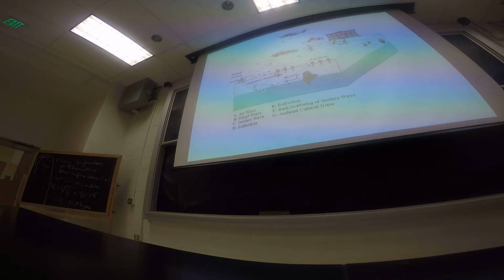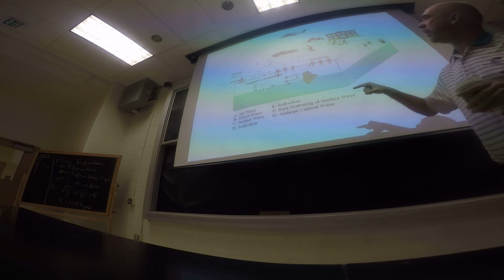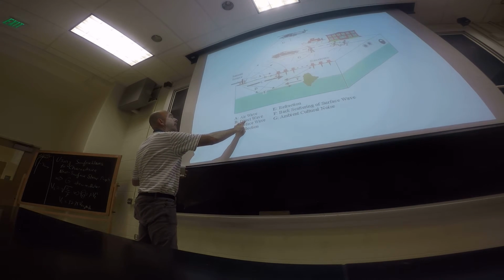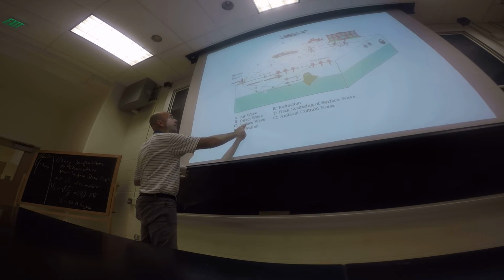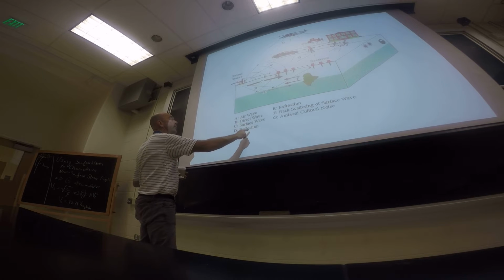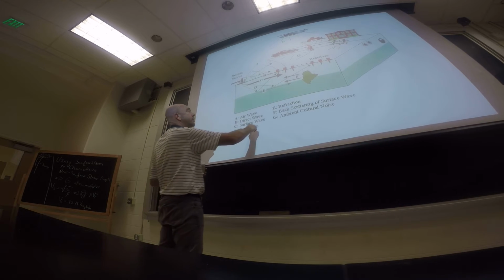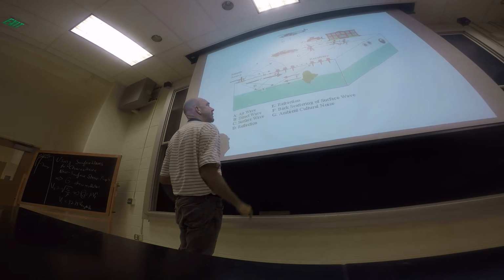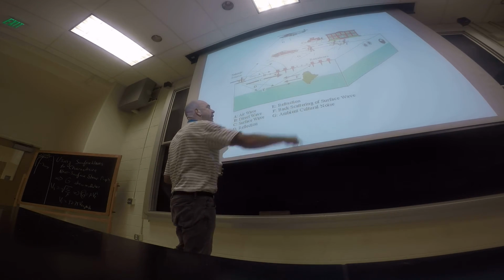Okay, so here's a picture of what happens when I have a seismic source. What do I receive at the receivers? And we've talked all about this before. We have an air wave, we have a direct wave, B, we have a surface wave, or Rayleigh wave, C, we can have reflections, D, we can have refraction, E, we can have all kinds of other stuff.